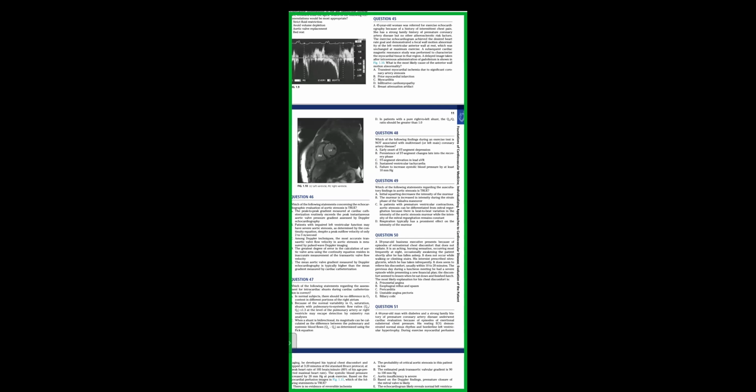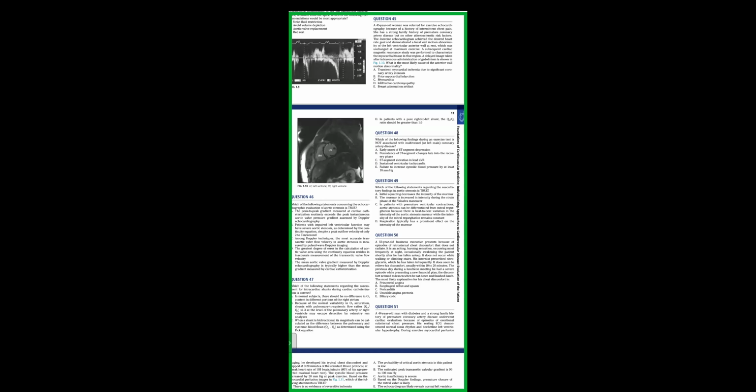Okay, D, in patients with a pure right to left shunt, the QP to QS ratio should be greater than 1. Okay, so we can start from the D option. If you have a pure right to left shunt, there will be more flow to the left, more flow through the left than the right.